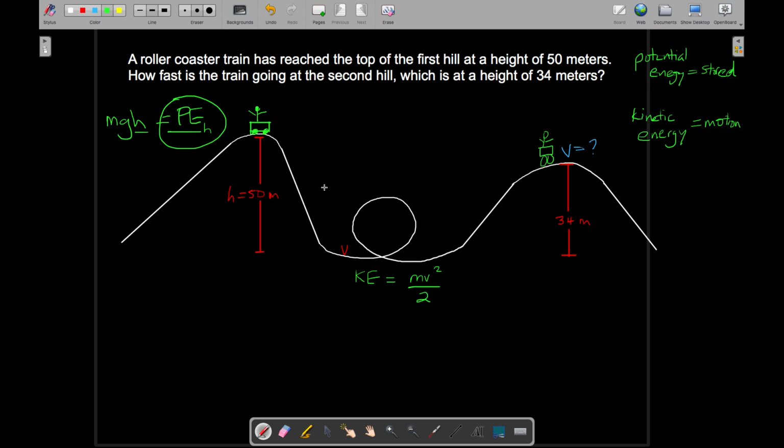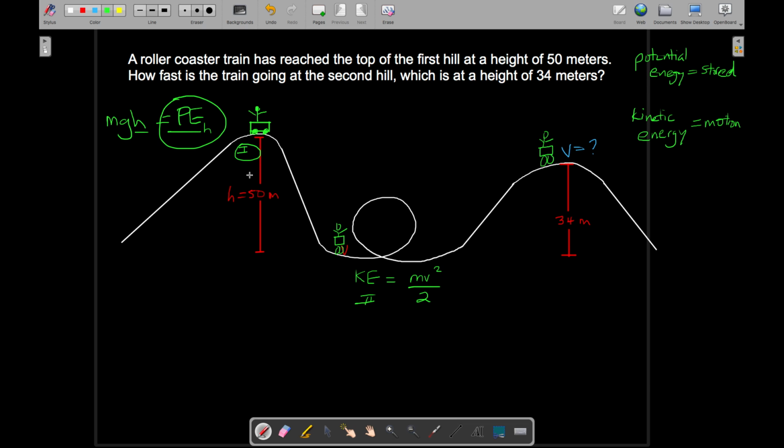That way it's easier to move things around if I have to do some algebraic rearranging. Okay, so that's what kinetic energy is. Now, let's look at these two situations here. I'm going to label this situation 1, where the roller coaster car is on the top of the hill. And then we'll call this situation 2, where the train, the object, is on the bottom of the second hill.